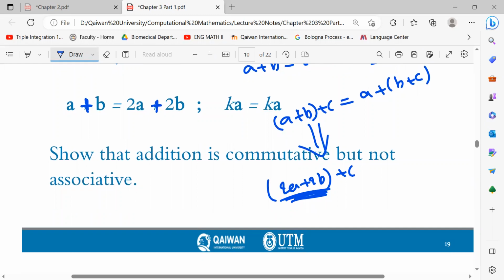It's 2 times first plus 2 times second. We apply the definition at all steps if needed. d plus c is 2d plus 2c. Here we get 2 times this one plus 2 times this. So it's 4a plus 4b plus 2c.